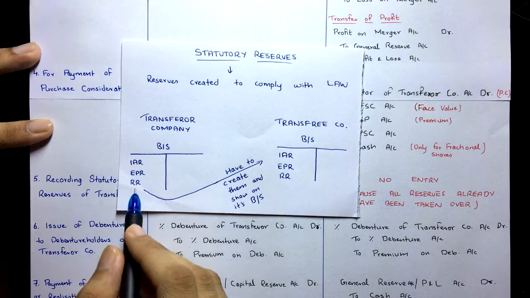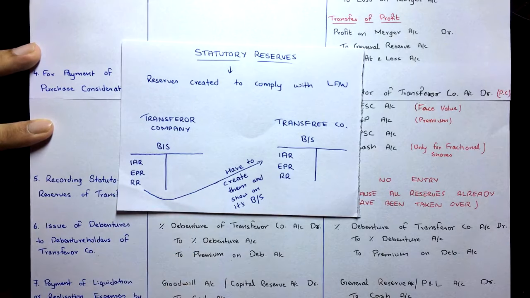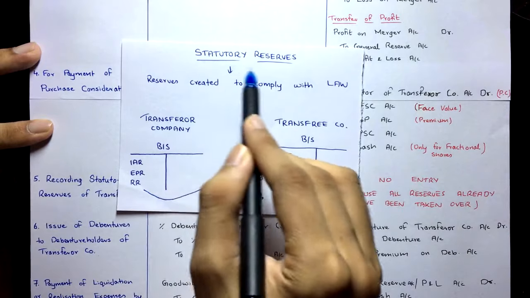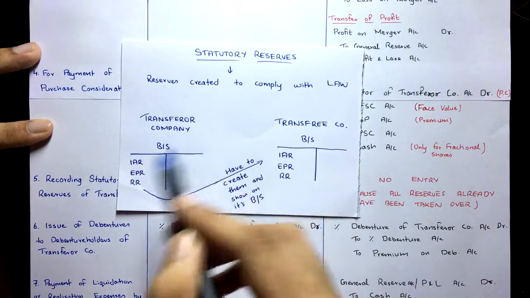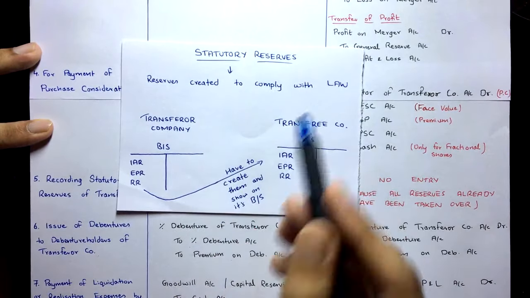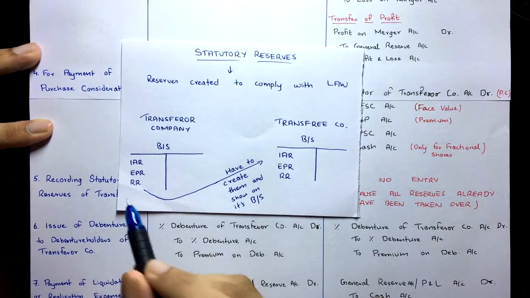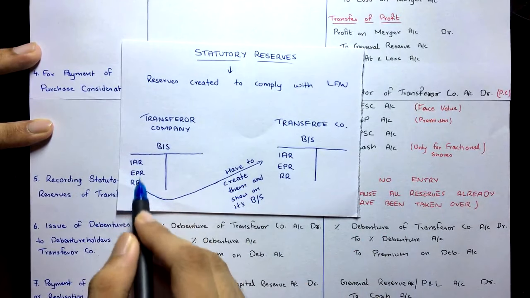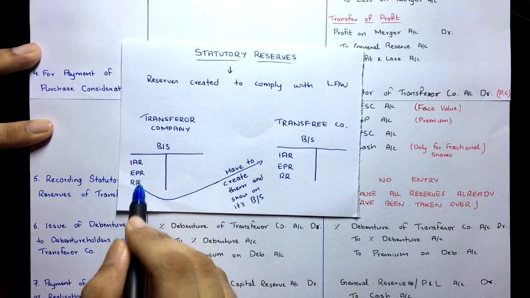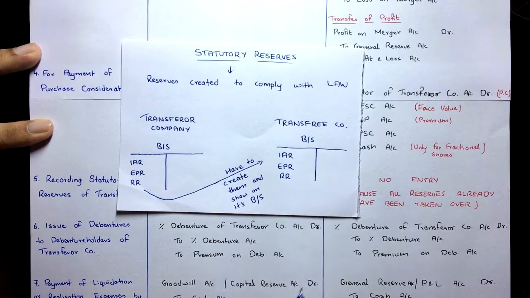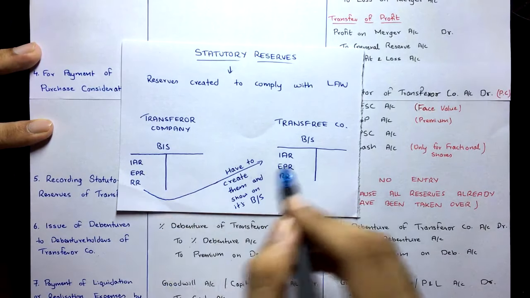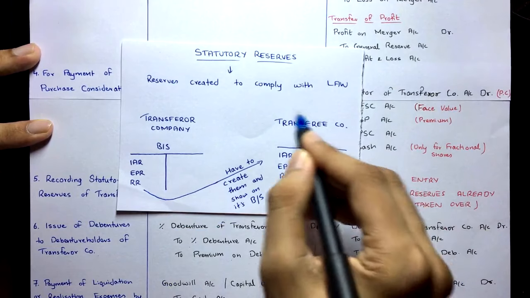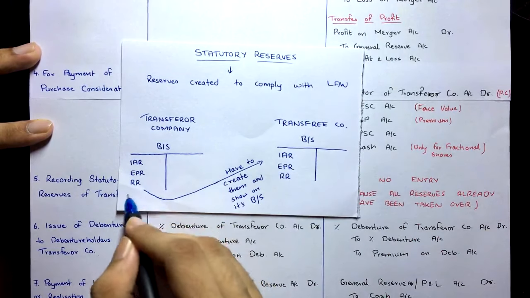But then what does Accounting Standard 14 say? It says that you cannot kill statutory reserves. These statutory reserves have to be continued, and the law also says that. So these statutory reserves which were there have to be created in the new company also. It will become the responsibility of the new company to carry on those reserves.